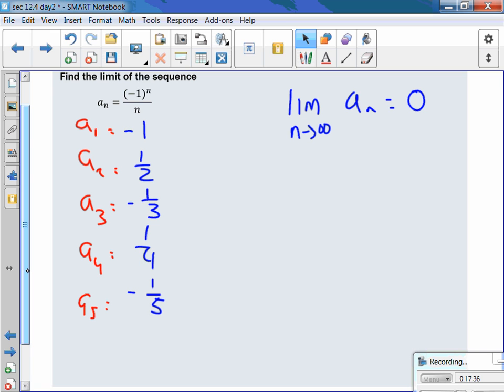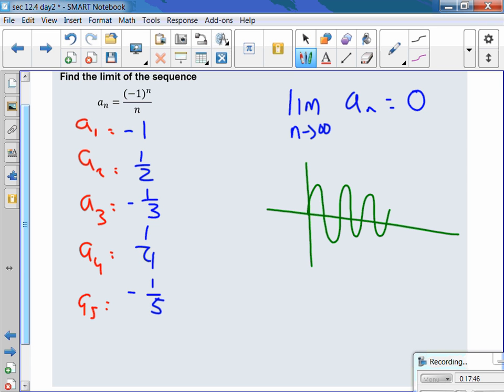If we were actually to graph that, now we have that little dampening effect, right? It's oscillating between positive and negative, but that height, that distance, is getting smaller and smaller, basically approaching 0.